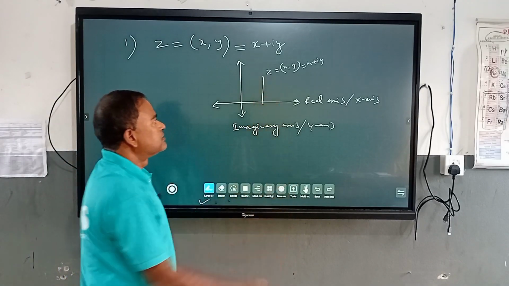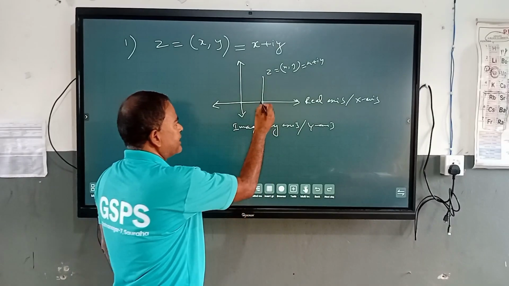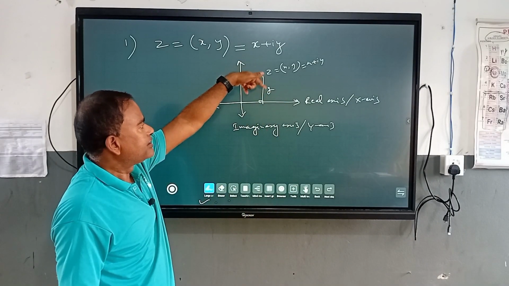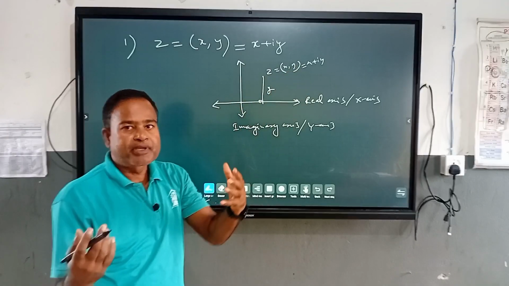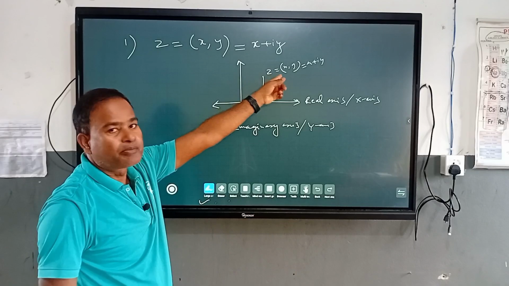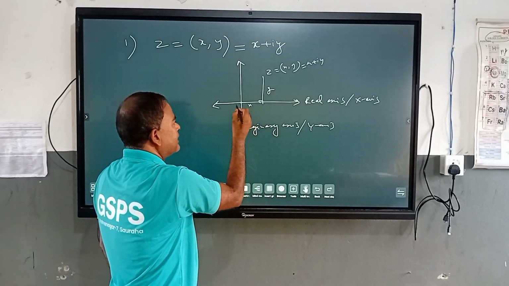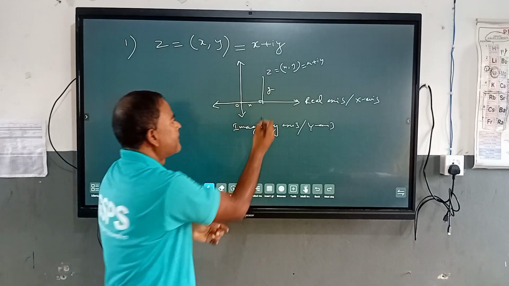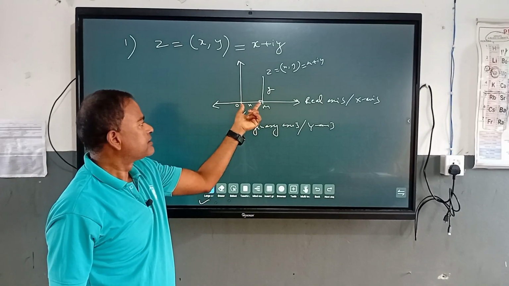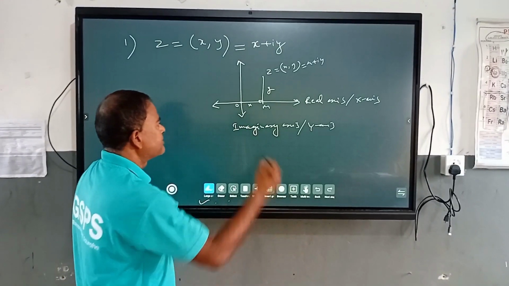So when we draw the perpendicular line on the x-axis, then the vertical line represents the imaginary part, or we can say the y component of complex number z equals x comma y, and OM, the horizontal line OM, represents x component, or we can say the real part of the complex number.